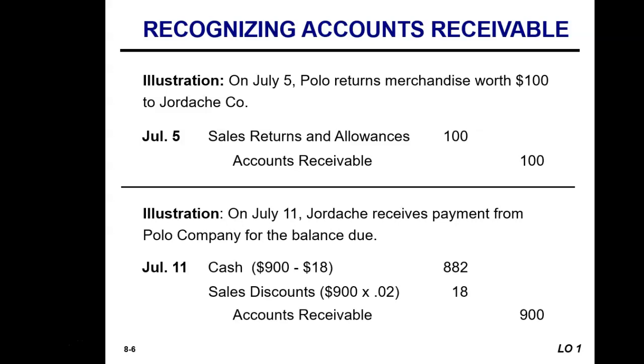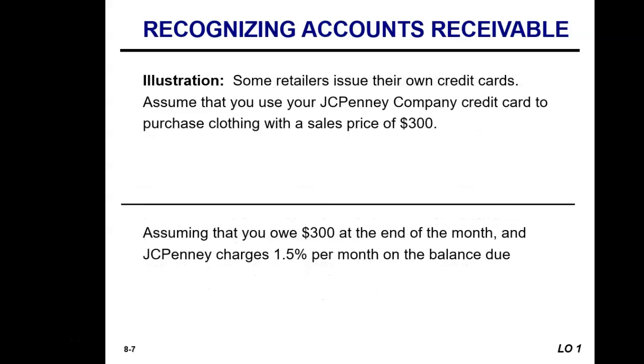As an incentive, we gave the customer a discount of $18 for paying within the 10-day discount period. What that does for us is expedite or speed up the cash collection process.